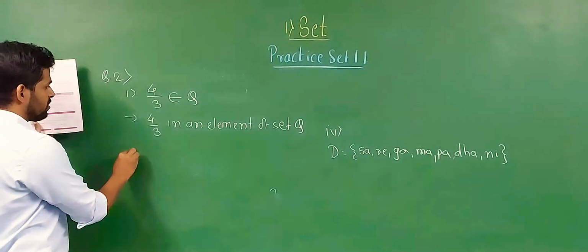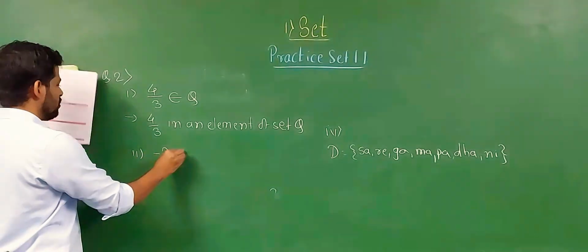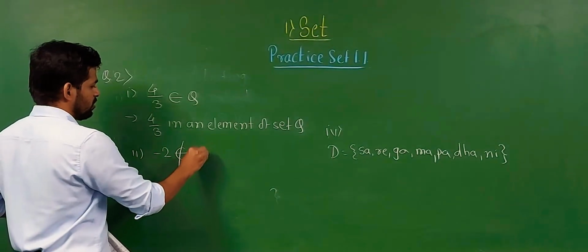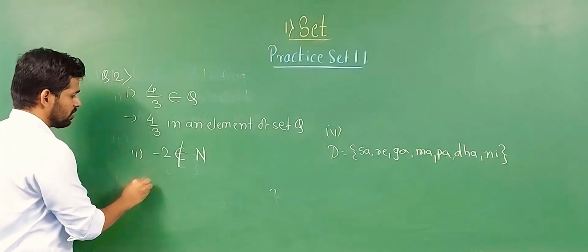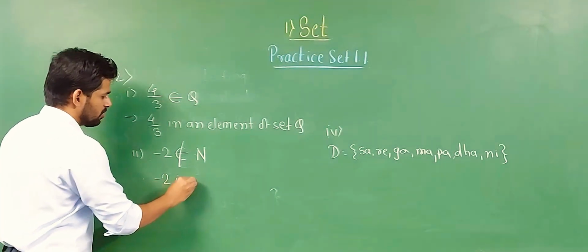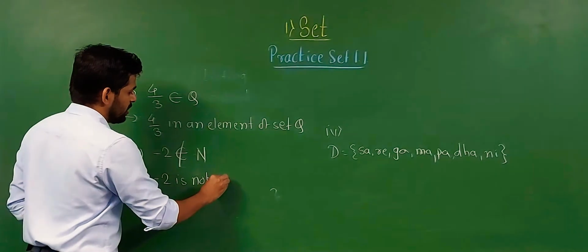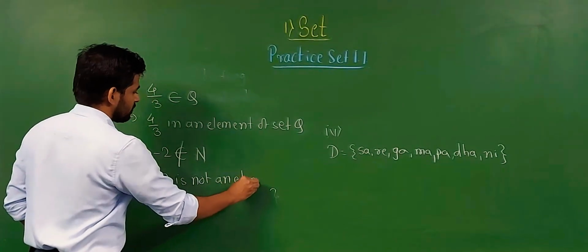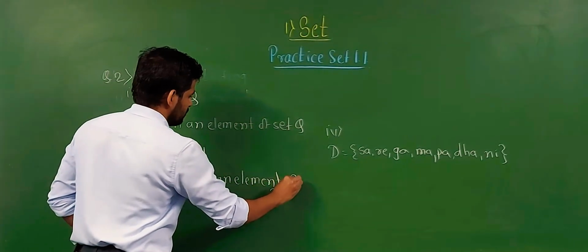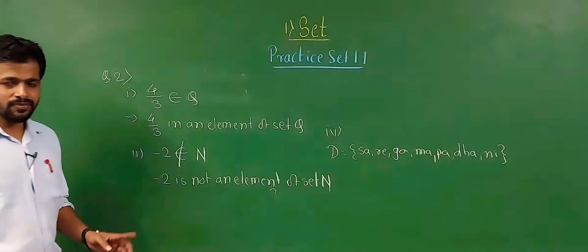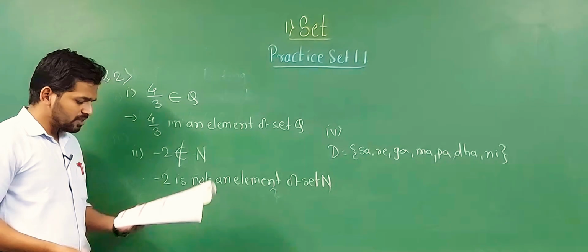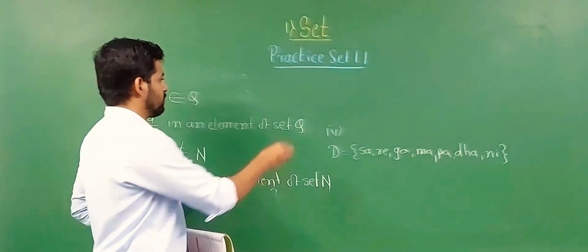Next one, second one, -2. That symbol represents 'is not an element of', therefore -2 is not an element of set N, the set of natural numbers. And the last one, set P.